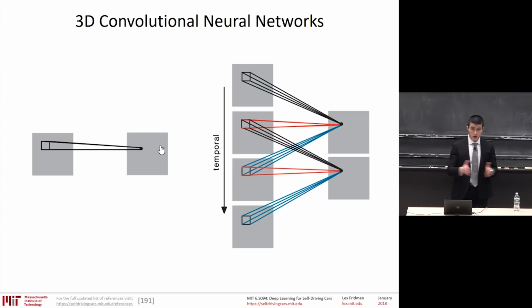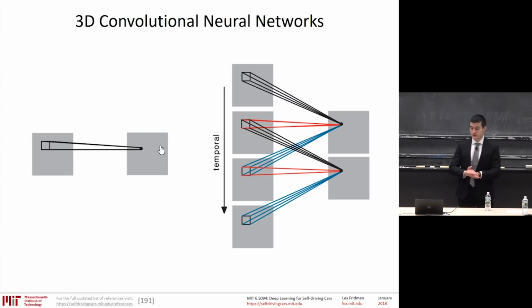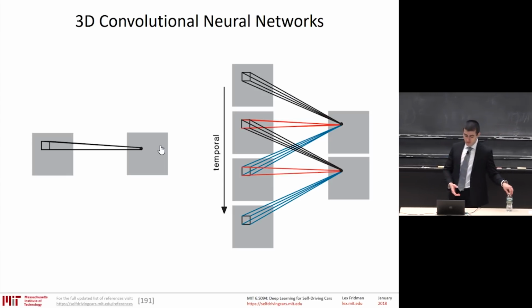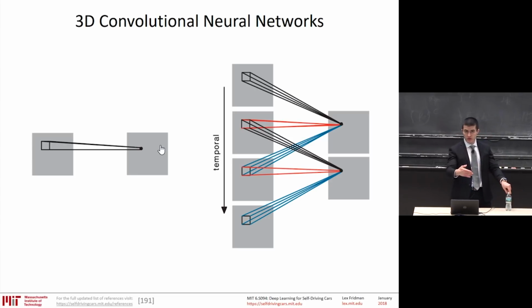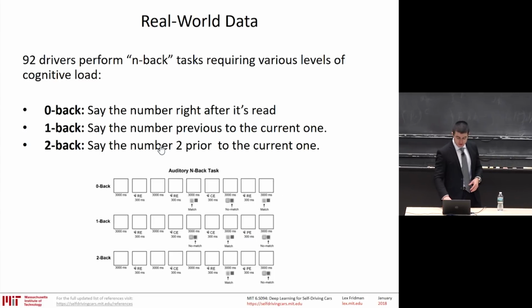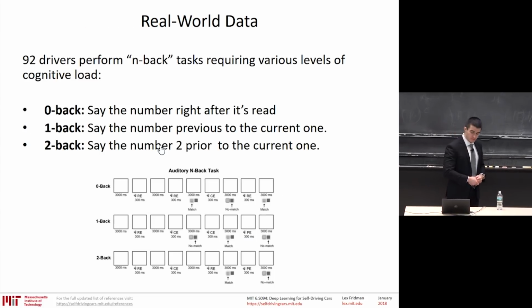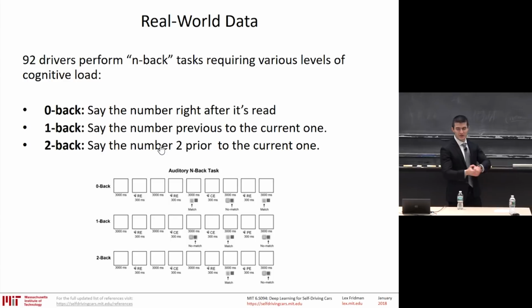Every channel is operated on by the filter separately. 3D convolutions combine those, convolving across multiple images, across multiple channels. Therefore, being able to learn the dynamics of the scene through time as well, not just spatially, but temporally. And data. Data is everything.